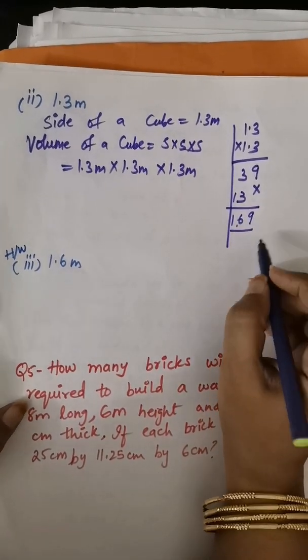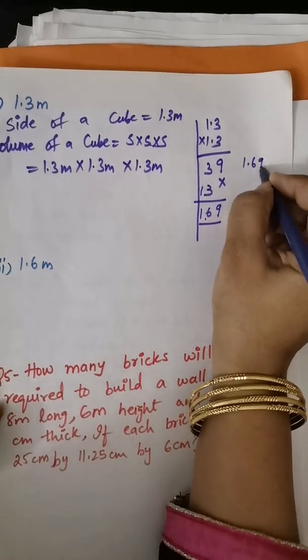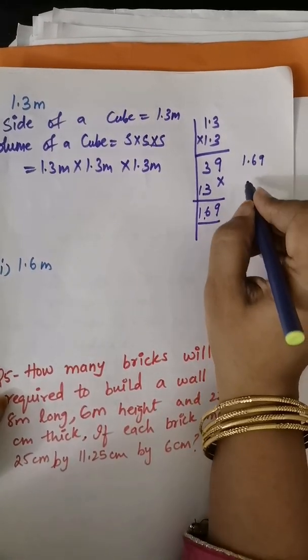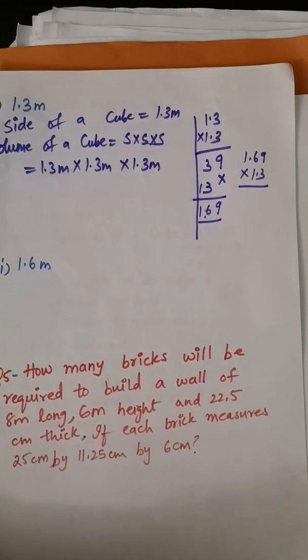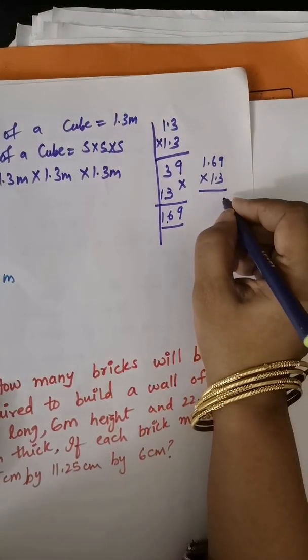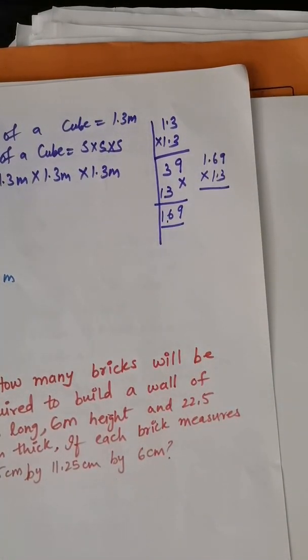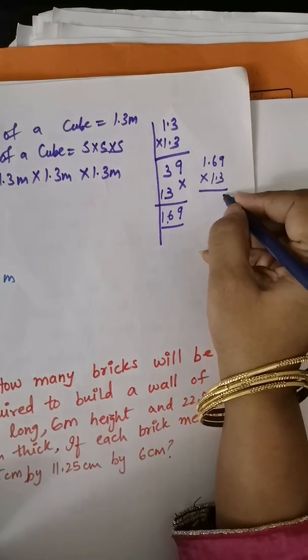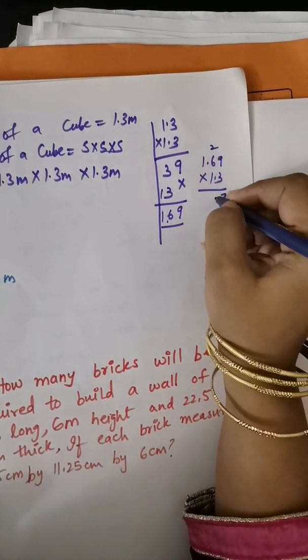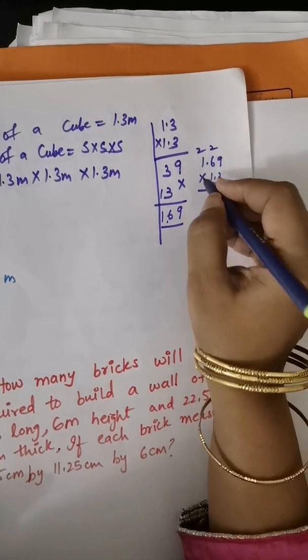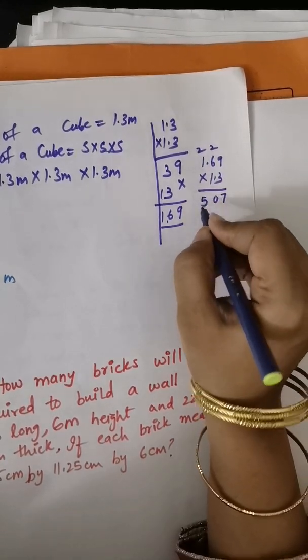Okay. Now 1.69 into 1.3. 3 9s are 27, 3 6s are 18, 19, 20, 3 1s are 3, 4, 5.